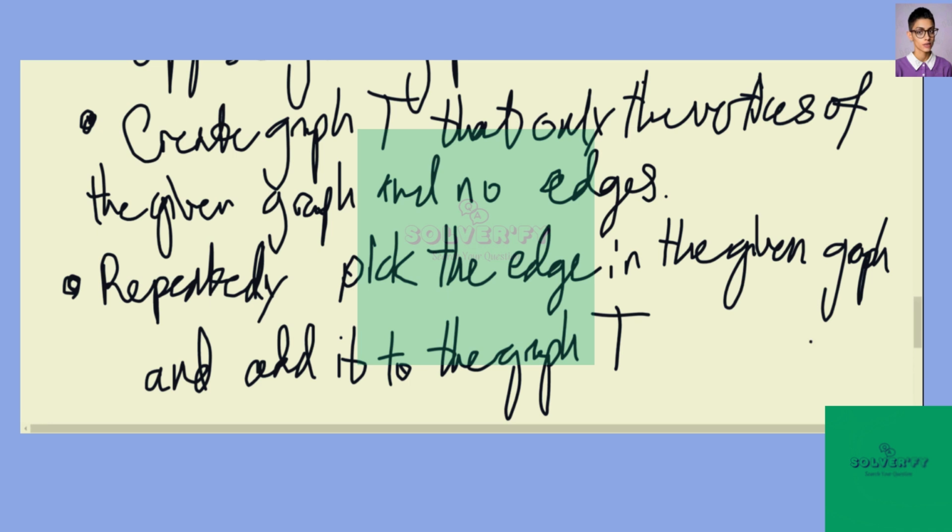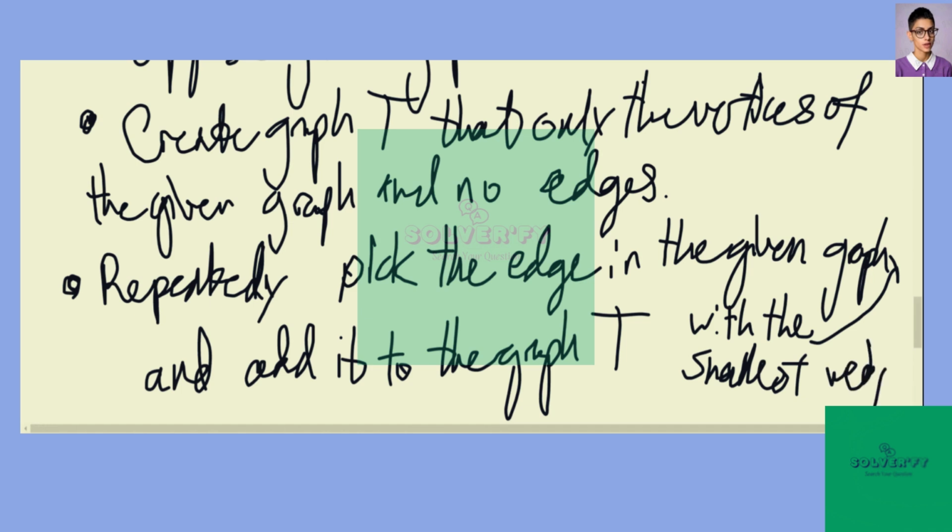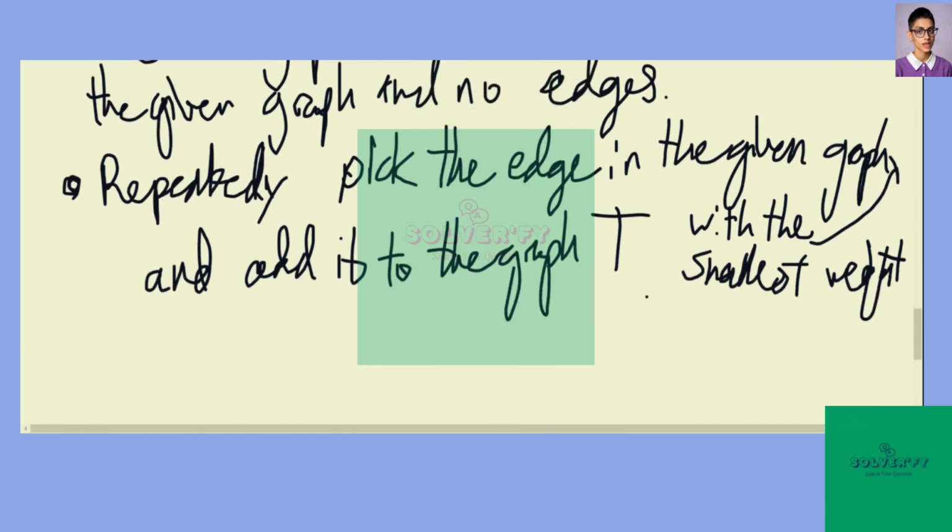This is the edge in the given graph with the smallest weight. So far, this is all pretty much the same as Kruskal's algorithm.